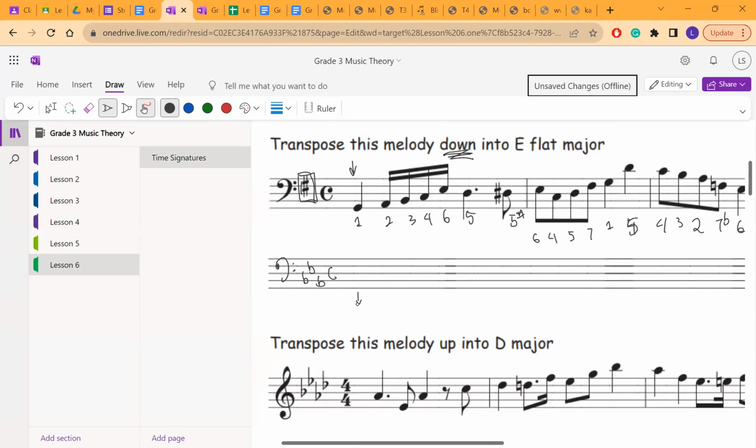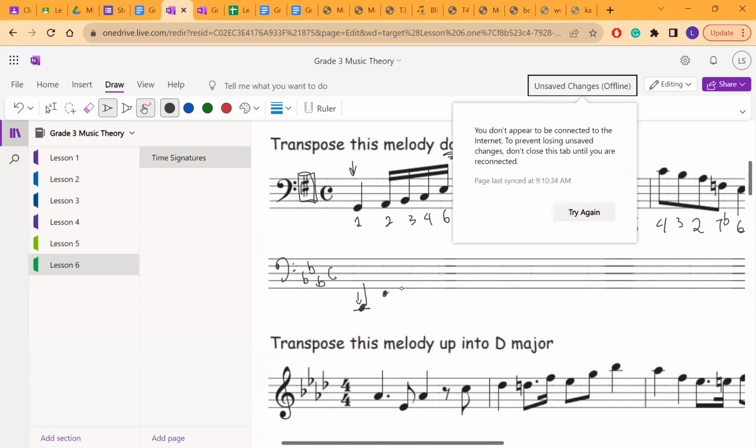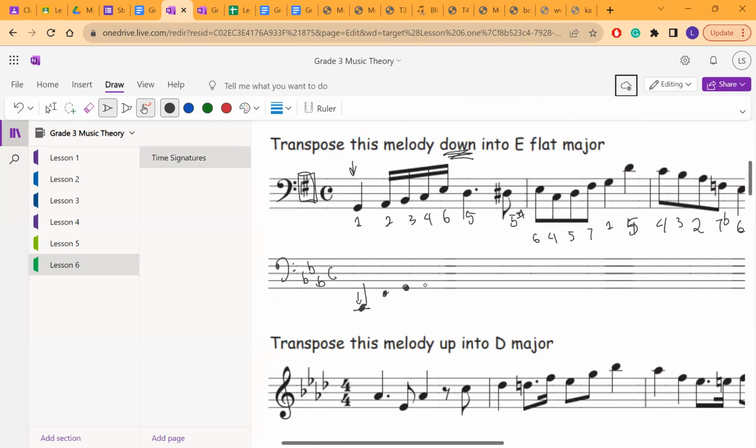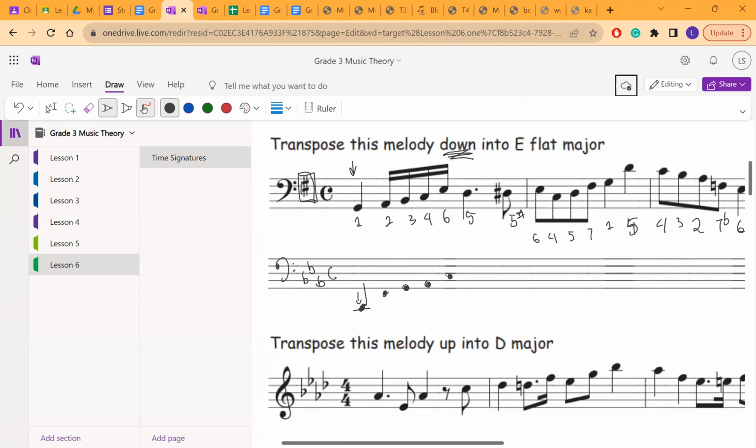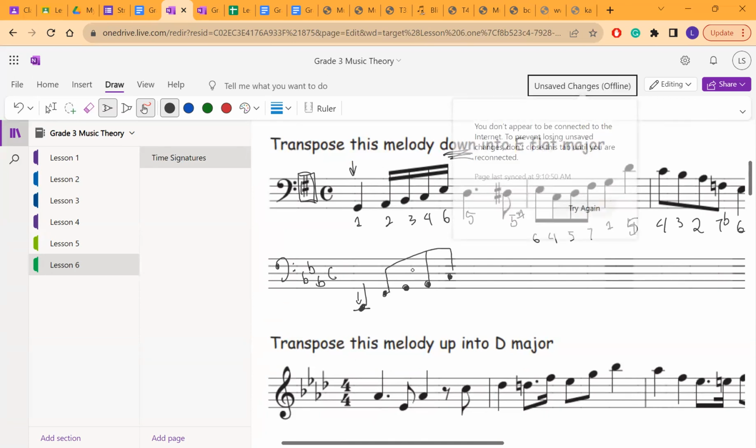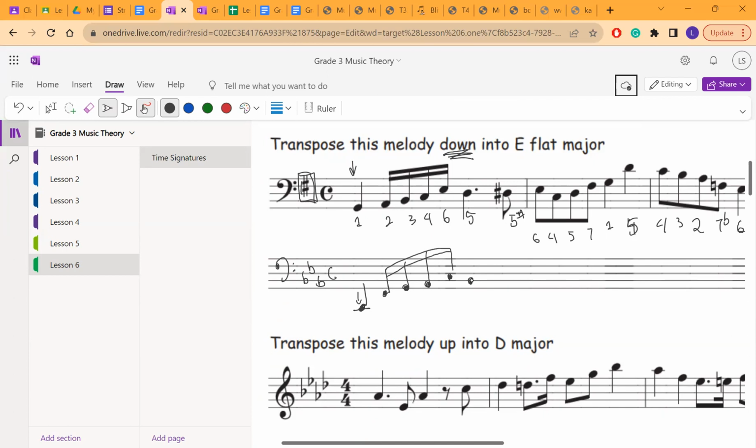We have to start here. Now, what accidental will we need here?